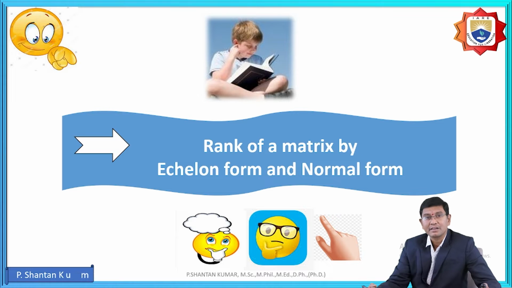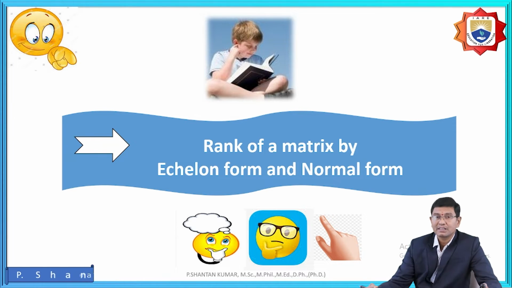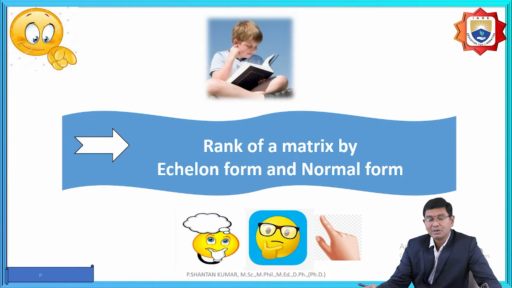We can find the inverse of a matrix, and by using the inverse of a matrix we also obtain the rank. But today we are going to discuss only two methods: the Echelon form and the normal form.